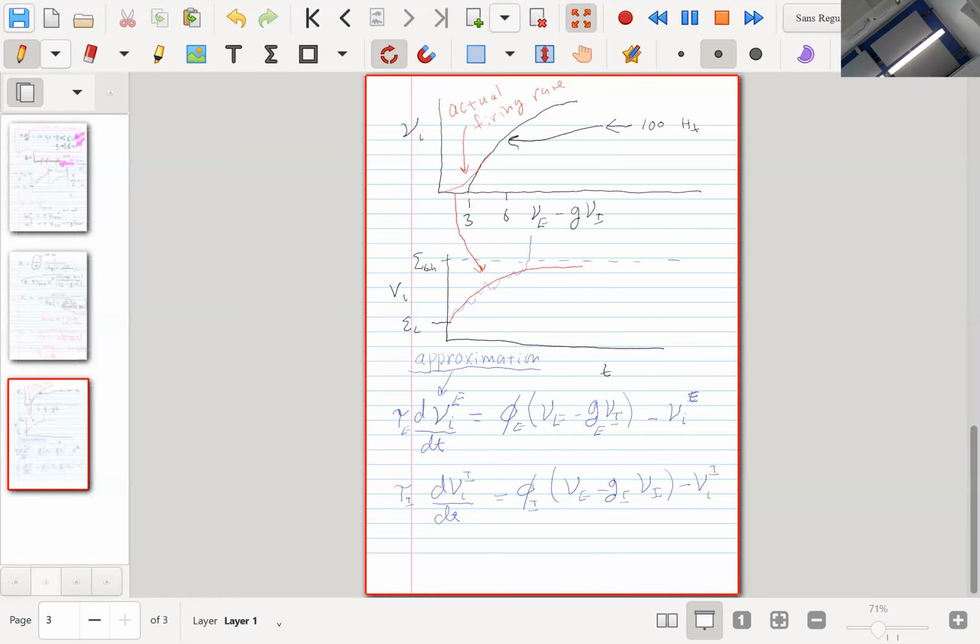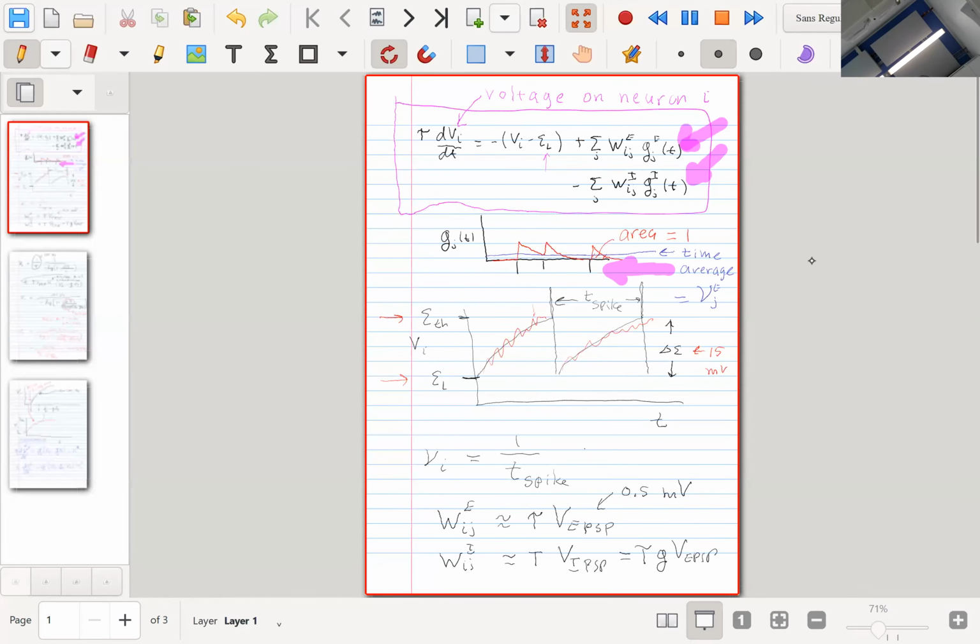Just to remind you, we started with a relatively simple equation, the thing on the top in the magenta box. It's just a linear integrate-and-fire neuron that gets input from the other neurons of the network in a current-based model.